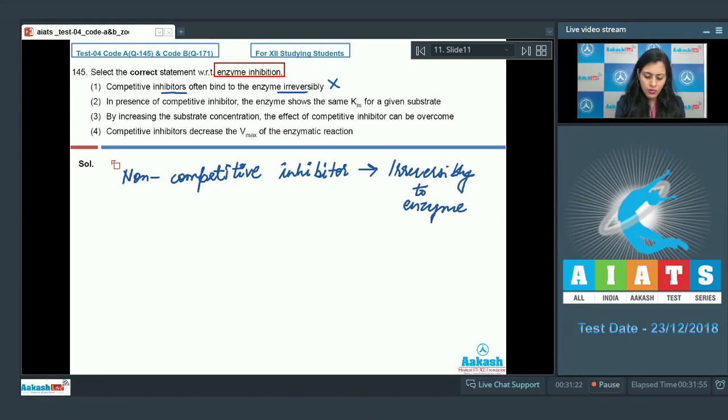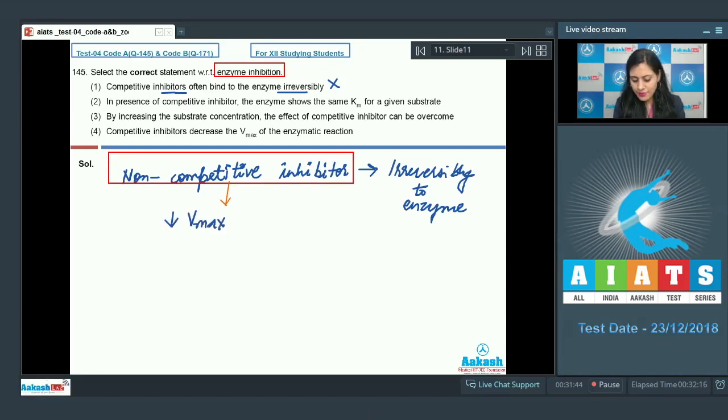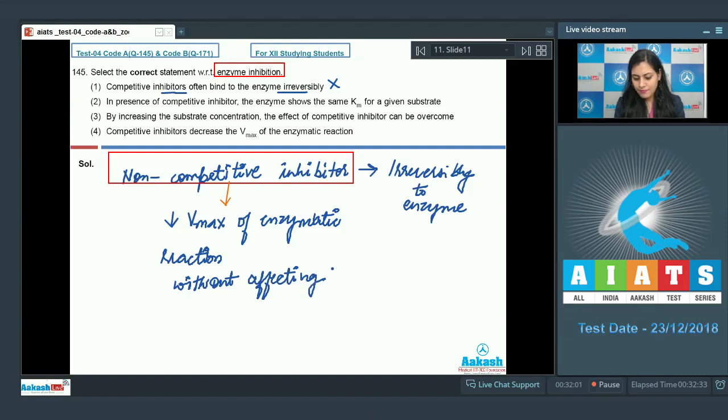And it is these non-competitive inhibitors which will decrease the Vmax of the enzymatic reaction without affecting the Km value.